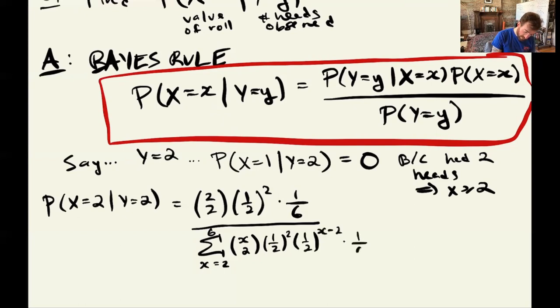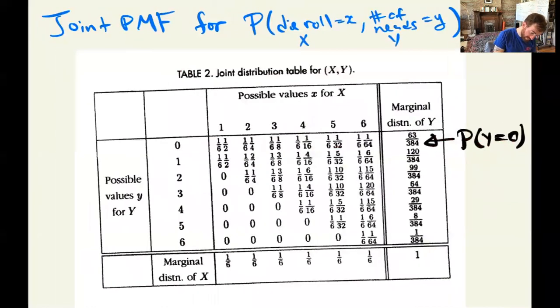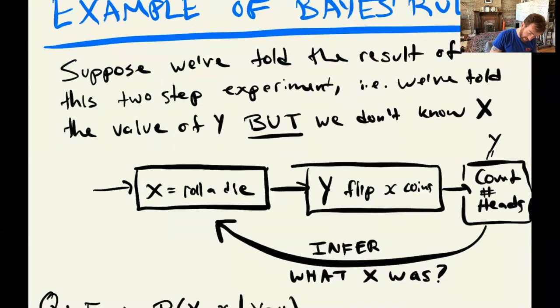And this is all multiplied by the probability of a 6th. This here is, again, just the law of total probability being applied. Now, luckily, we know what this is. This is equal to the probability that y equals 2. And what this is given by is, if I turn back, I'm summing this row. And so we can see that 99 out of 384 was the value here.